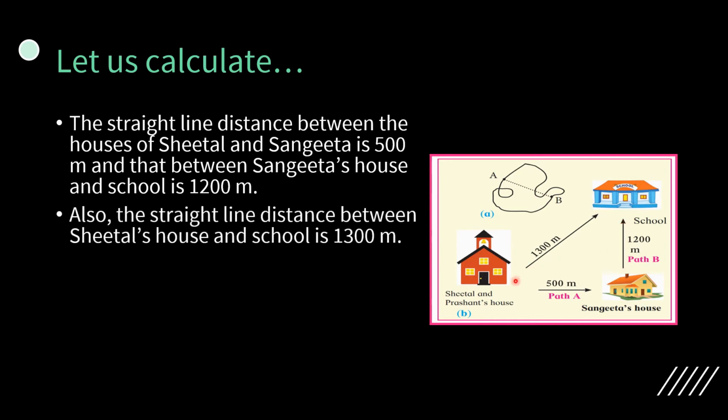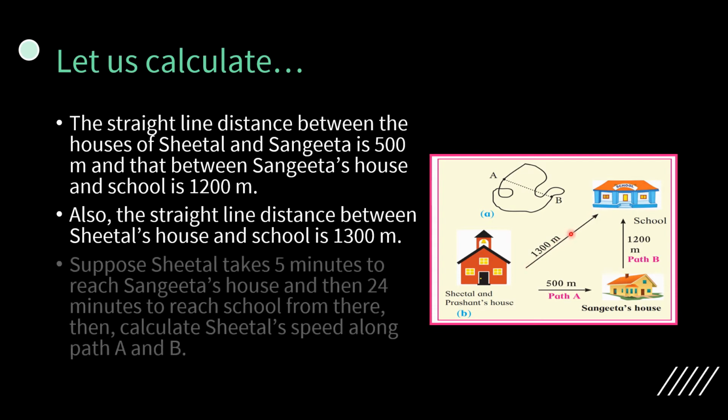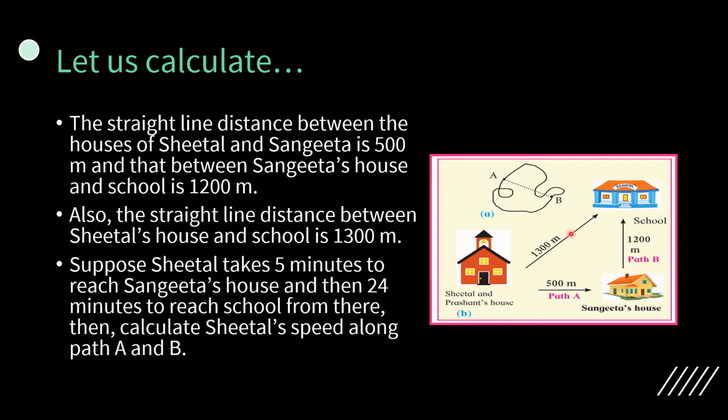Also, the straight line distance between Sheetal's house and the school is about 1300 meters. Take for example, Sheetal is taking 5 minutes to reach Sangeeta's house, and then together they are taking 24 minutes to reach the school. What will be the speed of Sheetal along path A and path B?